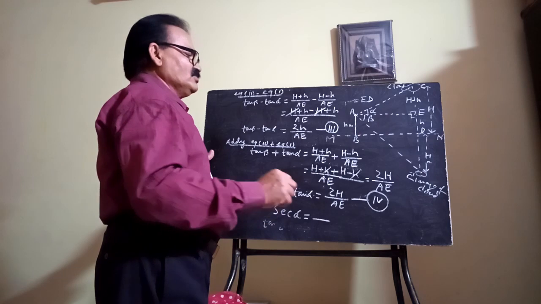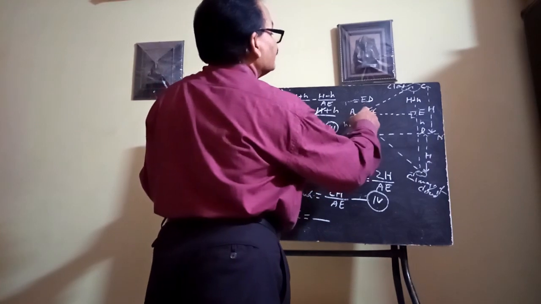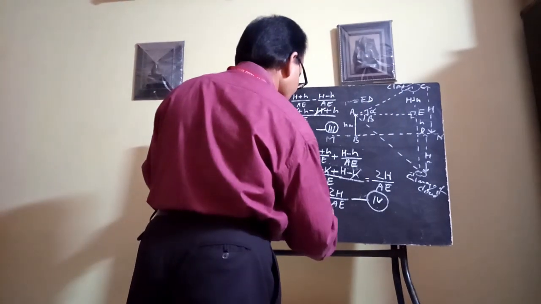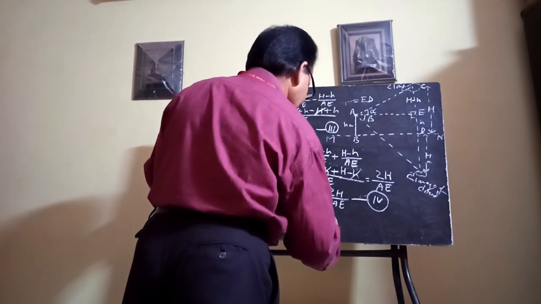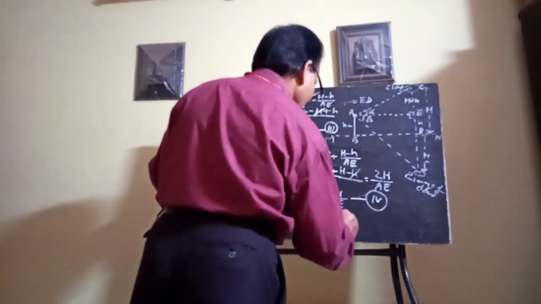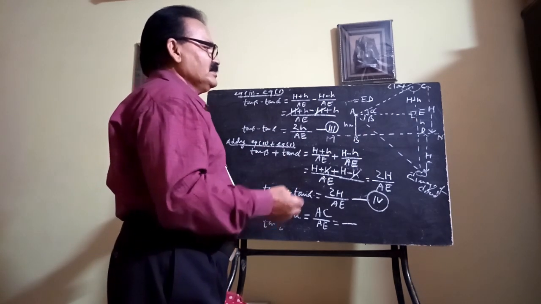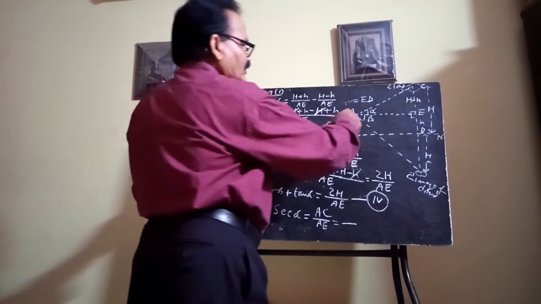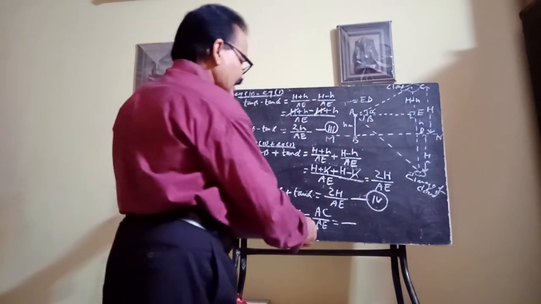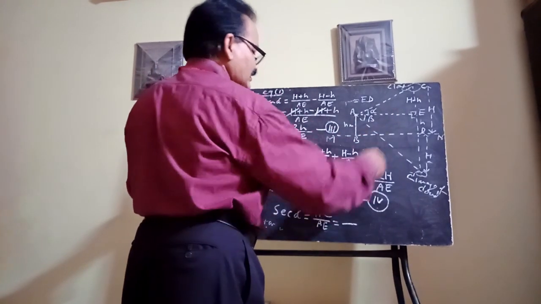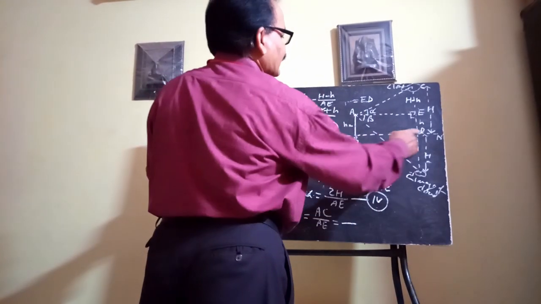For sec alpha you know very well that sec alpha is AC by AE, because sec alpha is the ratio of the hypotenuse by the base. The hypotenuse is AC, which is the distance of the cloud from the eye of the observer, and AE is the horizontal level, which is the same as BD.